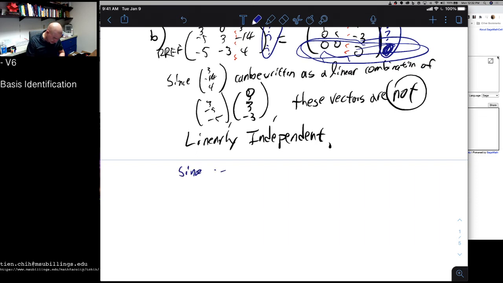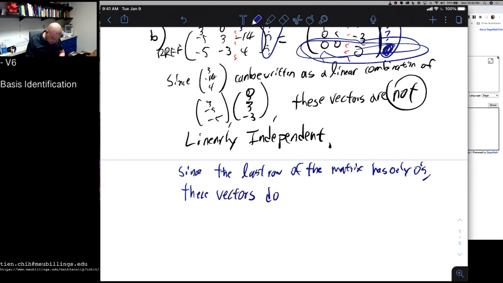So we can also conclude, since the last row of the matrix has only zeros, these vectors do not span R3.